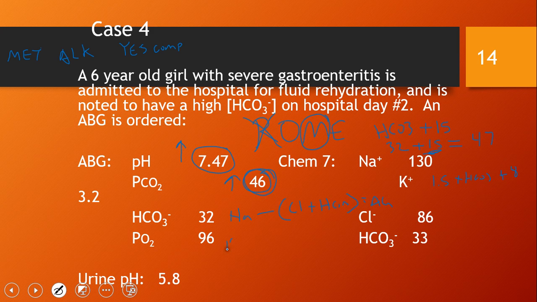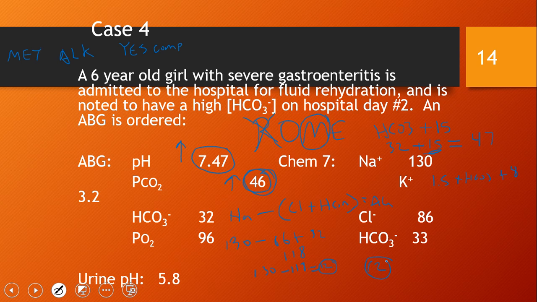Sodium, 130 minus 86 plus 32. So let's add 86 plus 32. It's going to be 118. So 130 minus 118 is going to be equal to, if it was 120, we'd say it was 10, but it's 2 more than that, so we're going to say it's 12. And 12 is exactly a normal anion gap. So 12 is our anion gap.